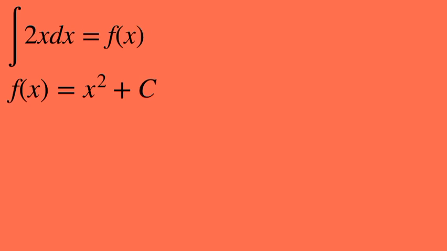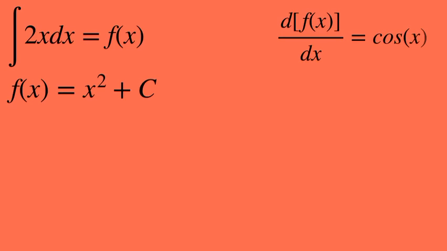And you can rewrite it as the indefinite integral of 2x times dx equals F of x. So the derivative of F of x with respect to x equals cosine of x. F of x equals sine of x plus c.